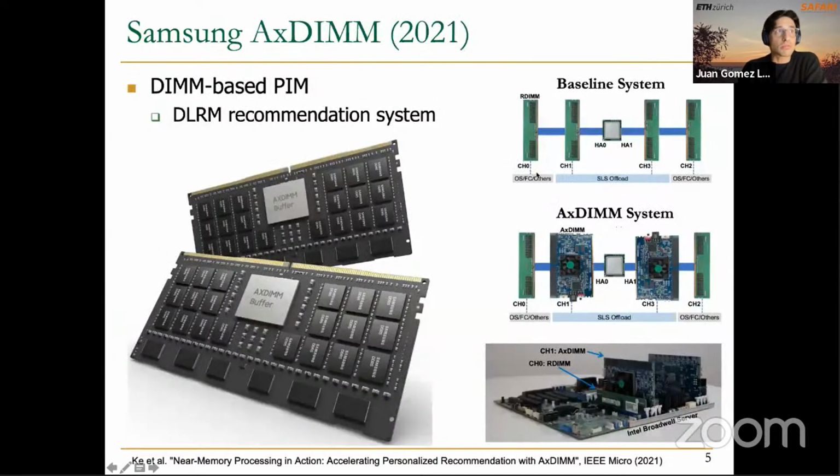We also discussed and presented this other DIMM-based processing in memory system from Samsung as well, where on each of the DIMMs we can place some type of processing element, in this case called the AXDIMM buffer. But you may remember that this has been implemented in a prototype using an FPGA and tested with recommendation systems.